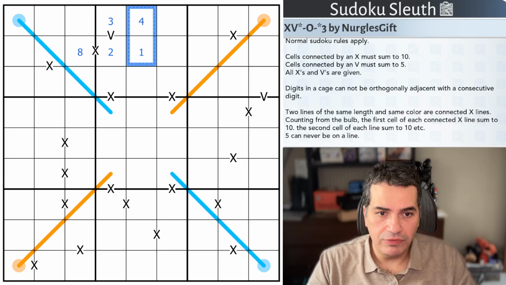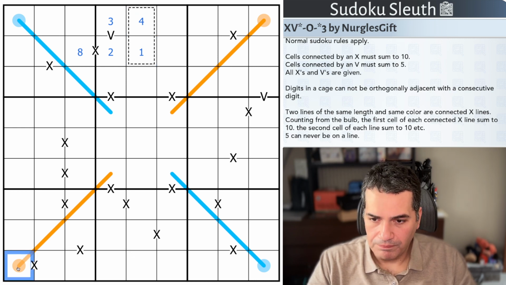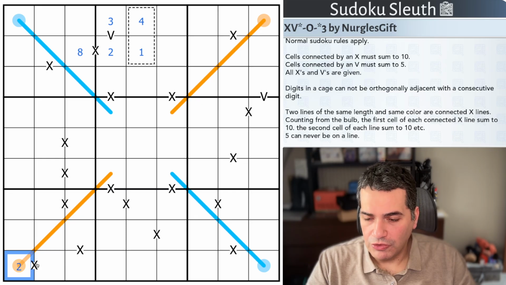Then we have the connected X lines. So 2 lines of the same length and the same color are connected X lines. Counting from the bulb, the first cell of each connected X line sums up to 10, and the second cell of each line sums up to 10, etc. 5 can never be on the line. So what is all of that saying? This cell is a 2, which is on the orange line on the bulb end.